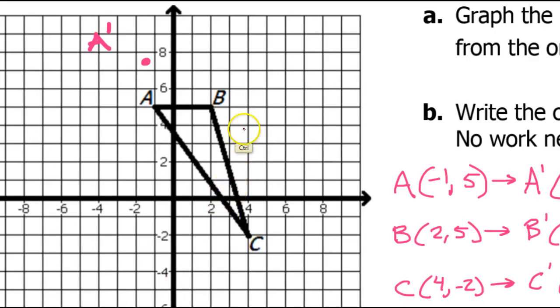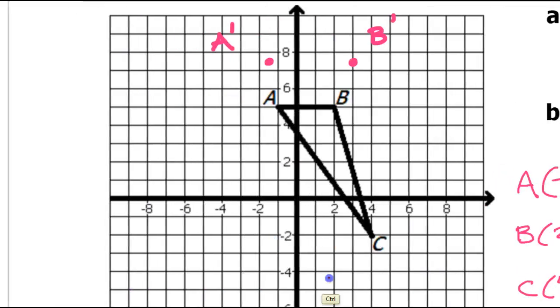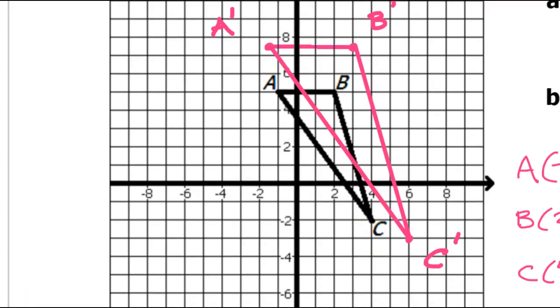So 3, 7.5 will be right here, and that is B prime. And then 6, -3 is going to be right here. And that is C prime. So now we'll just connect the dots. All right, so here is what the image looks like.